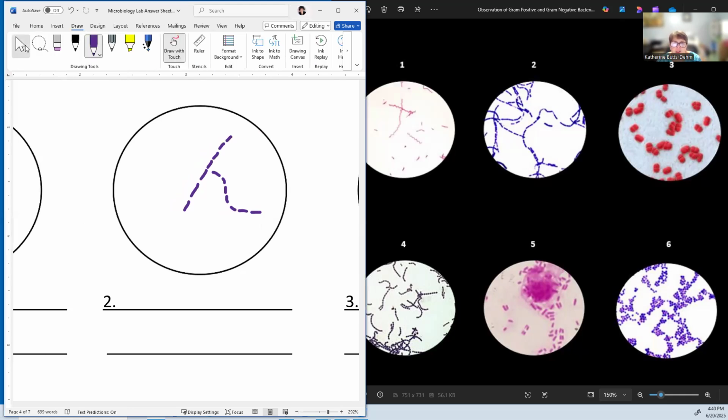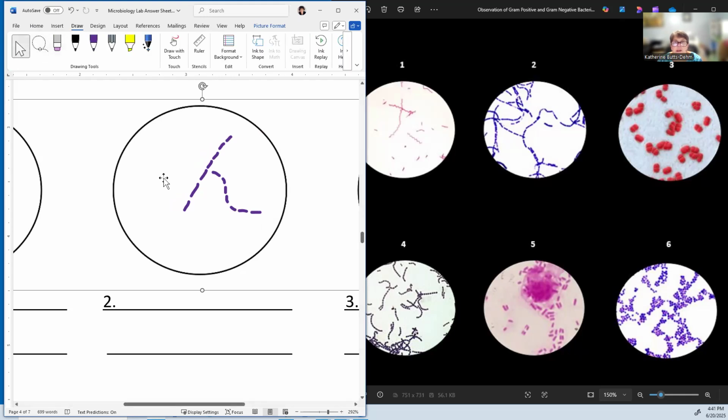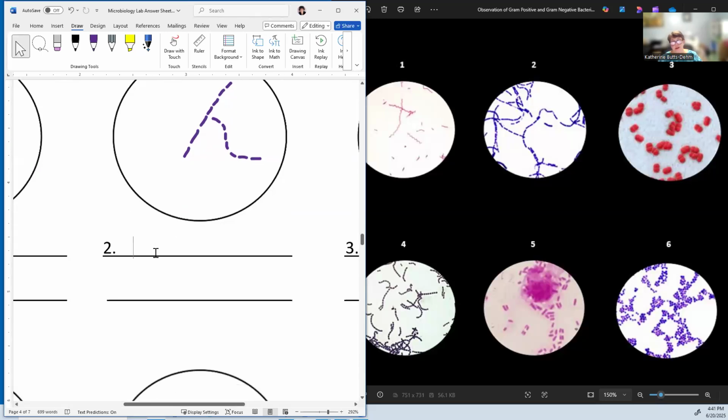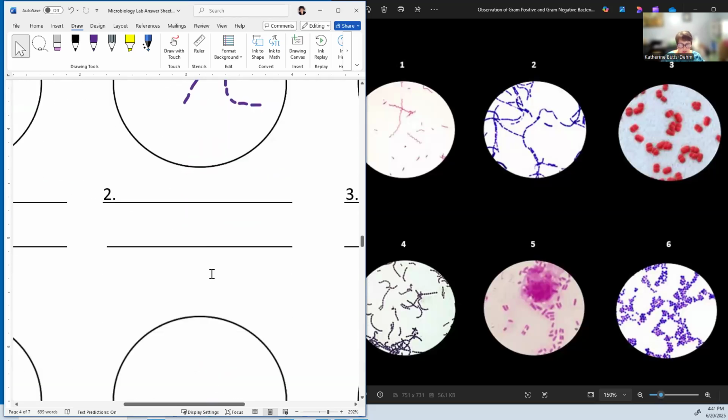Go back to draw and get rid of the cursor, and then go back to home. Oh, there. I just had to go to here where the blank was. Sorry about that. So it's purple, so we know it's going to be gram positive.